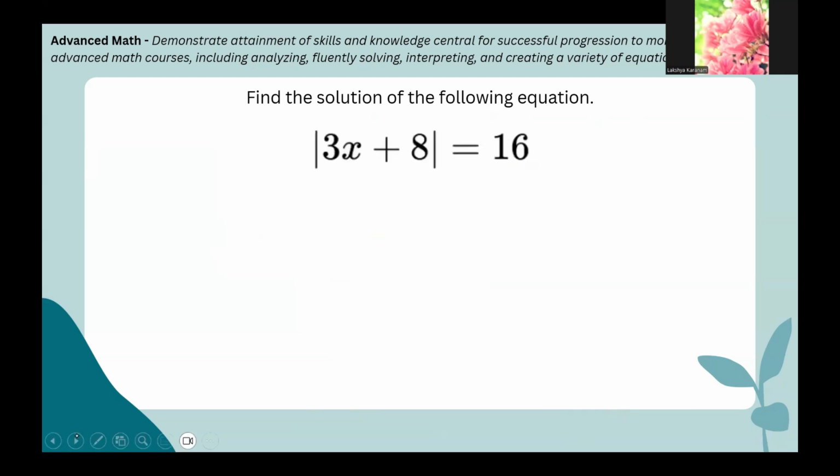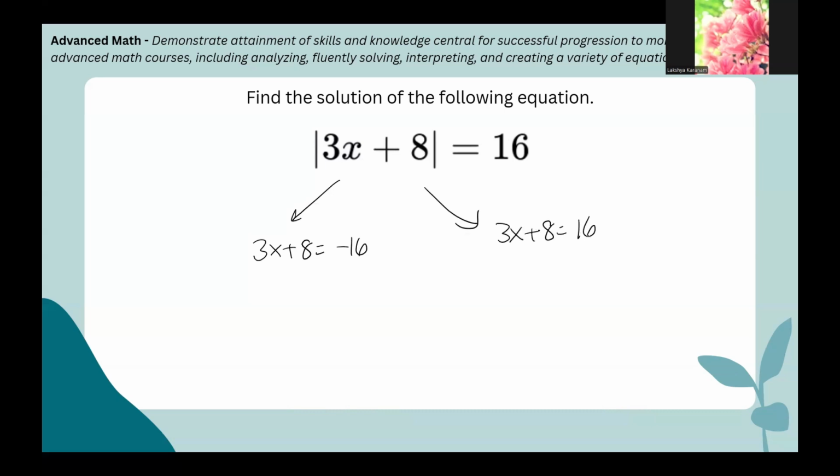All right. Finding the solution of this expression right over here, anytime you see absolute values, you know that you're basically dealing with two expressions all at once, right? You know that 3x plus 8 could be equal to negative 16, and 3x plus 8 can be equal to positive 16.